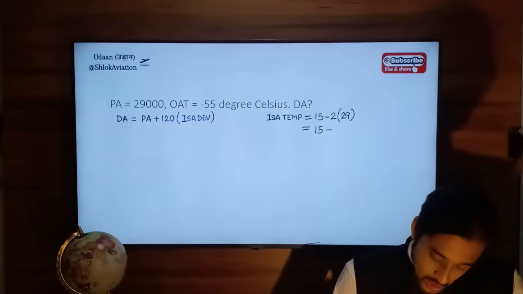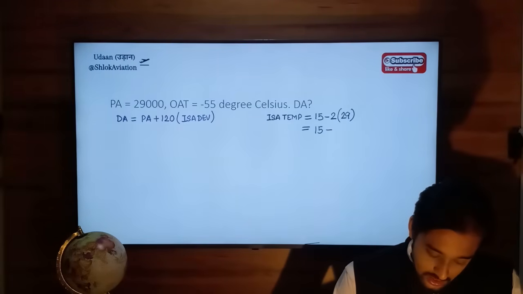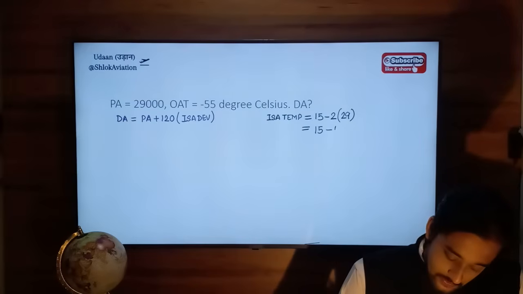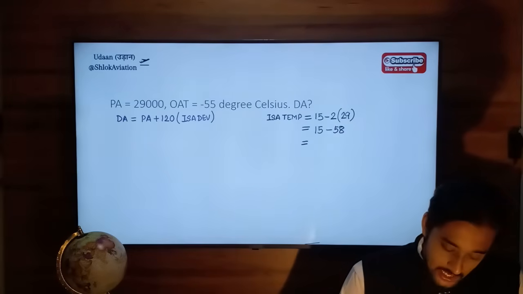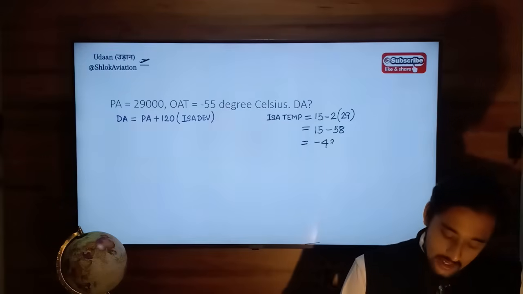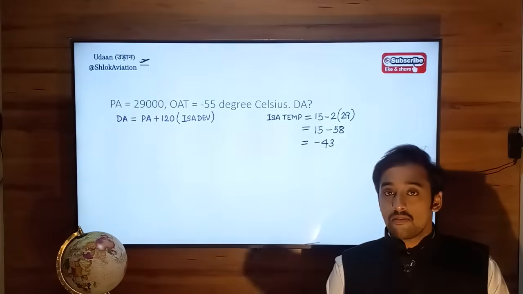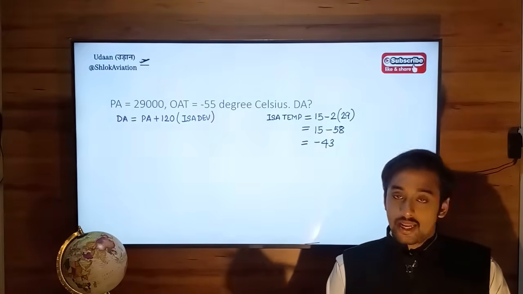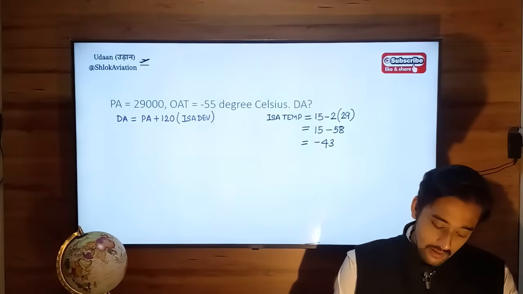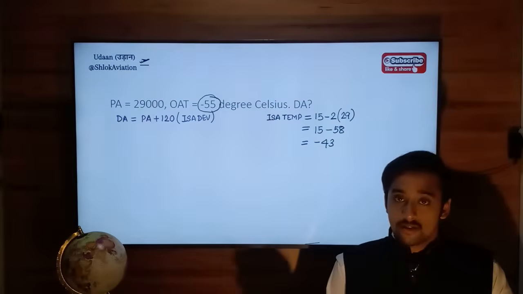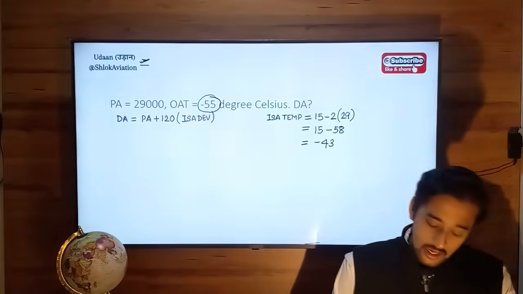15 minus 2 into 29 is how much? 58. 15 minus 58 is minus 43. That is, ISA temperature must be minus 43 at 29,000 feet. But what is the temperature? Minus 55. It's colder than minus 43.